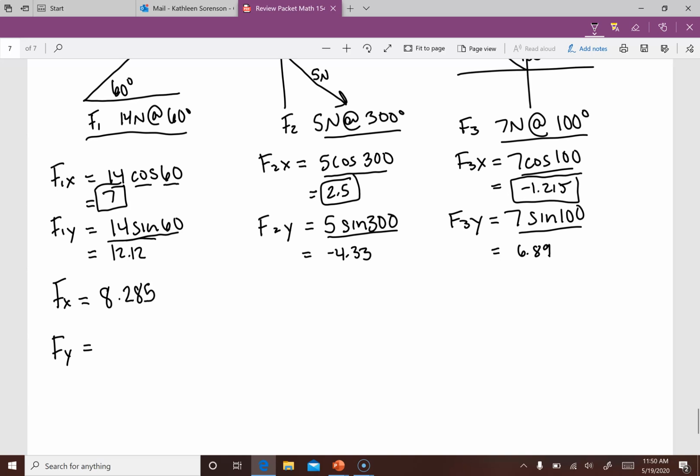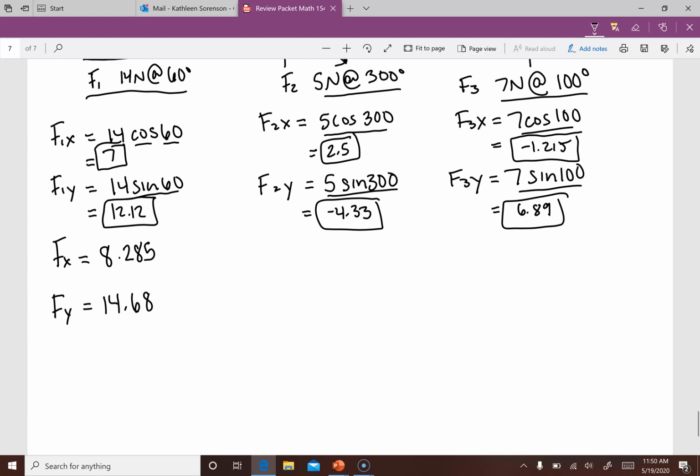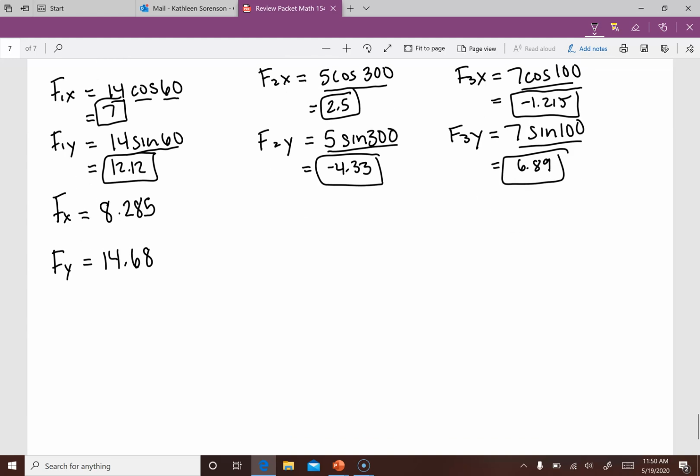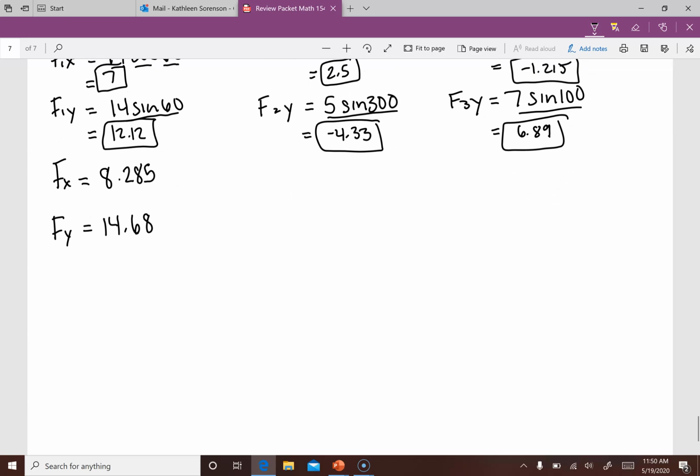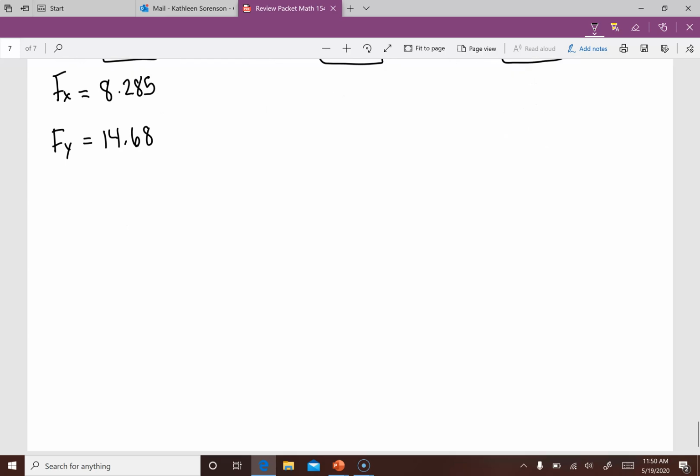And then when I add up all my y's, I get 14.68. Now I know in class we did a lot where it didn't end up being in the first quadrant, but on your final exam it will end up being in the first quadrant, just like this problem. So what does this look like?